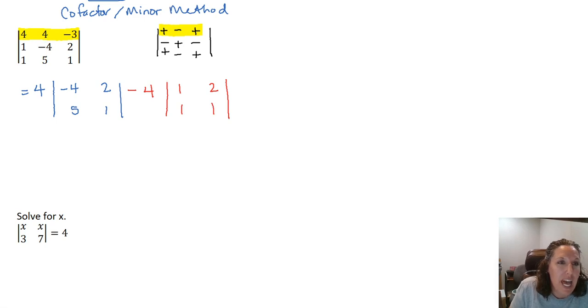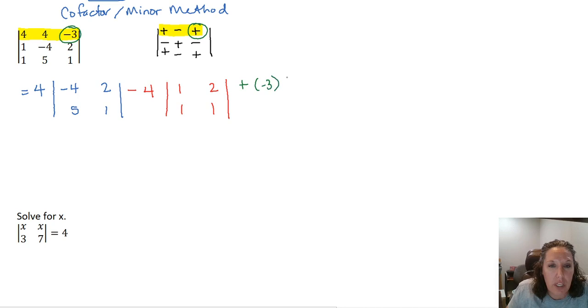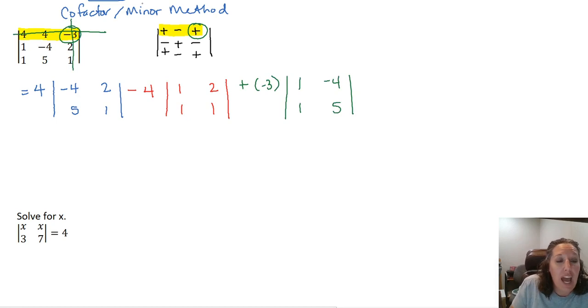And then do the exact same thing on that negative 3 at the end. It's a plus sign in our checkerboard, so we're going to be adding that negative 3. If we cover up the row and the column that contain that number, we're left with 1, negative 4, 1, 5. And now these are 2 by 2 matrices, just like we were looking at on the previous example.